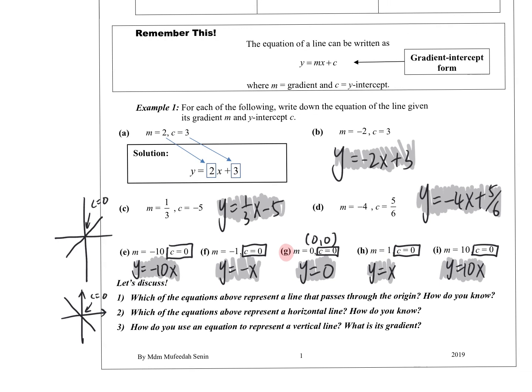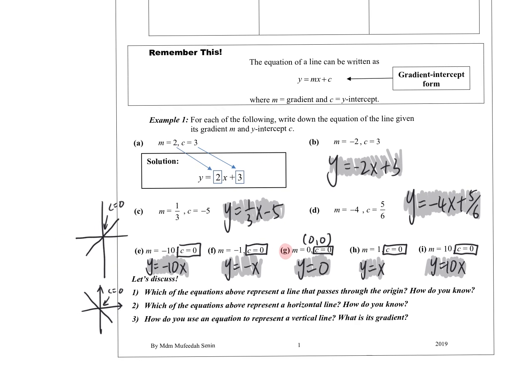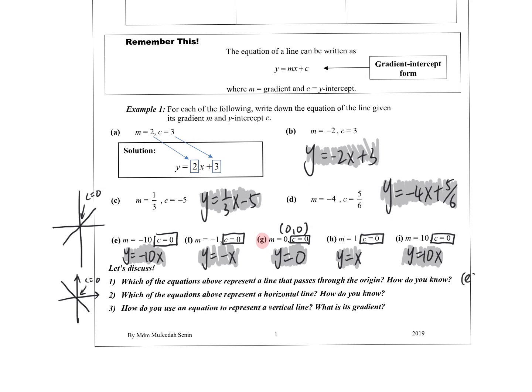So which of the above equations, or the equations from E to I? How do you know? Because the y-intercept is 0. So all these equations you see here, where c is equal to 0, they pass through the origin. Then they ask you the next question, is there any equation that is a horizontal line?